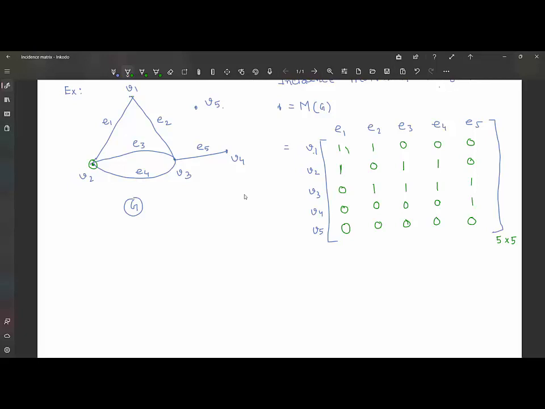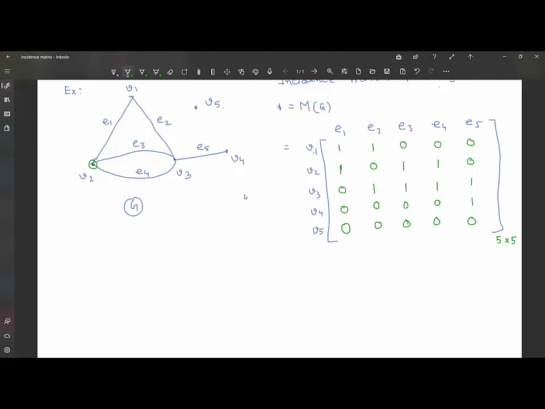So here there are exactly two ones, here also two, and here also two. By using that you can also verify your incidence matrix: if you get more than two ones in a column, then it will be wrong. So in every column there will be exactly two ones.